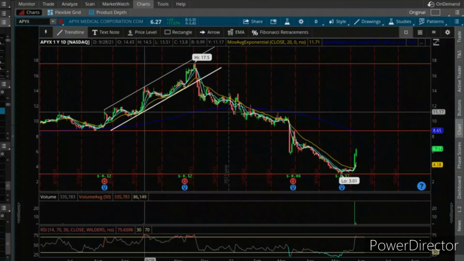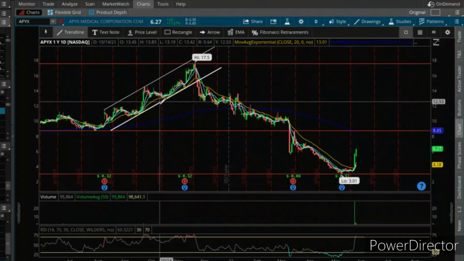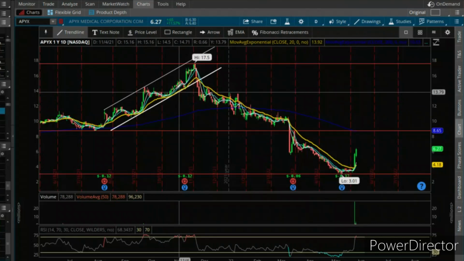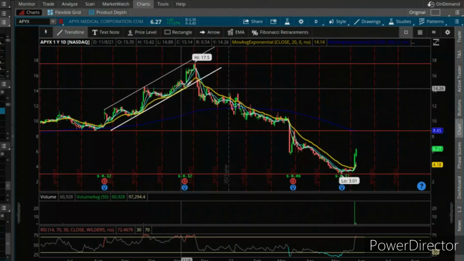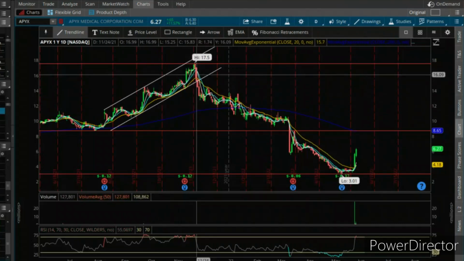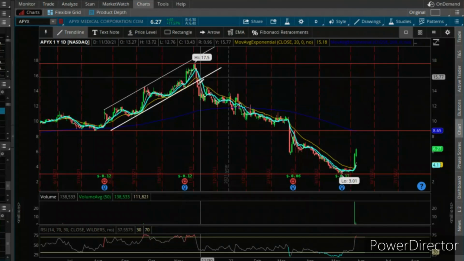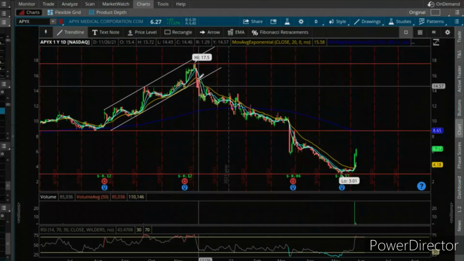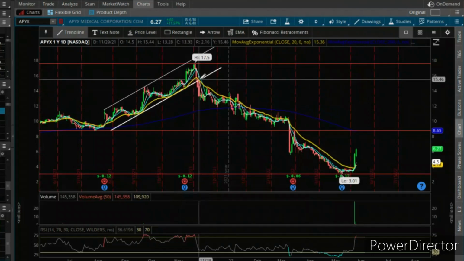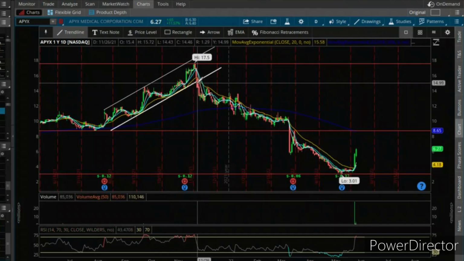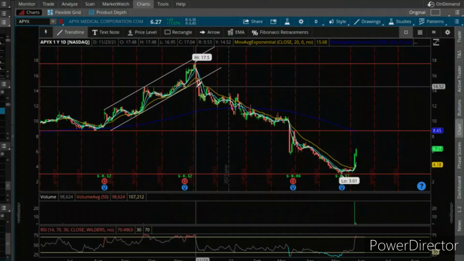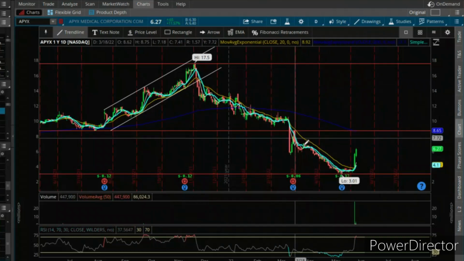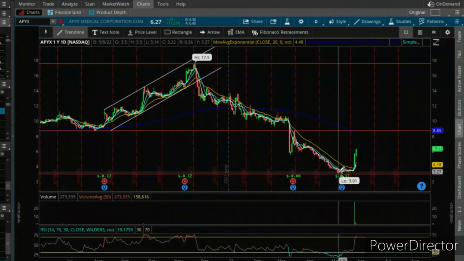It's almost a $5 gain within 2 months. About 2 months. Which would have been a nice play. And once price broke through the structure here, you could have got out and started selling instead of buying. And that would have got you from 14.52 all the way down here to $3.